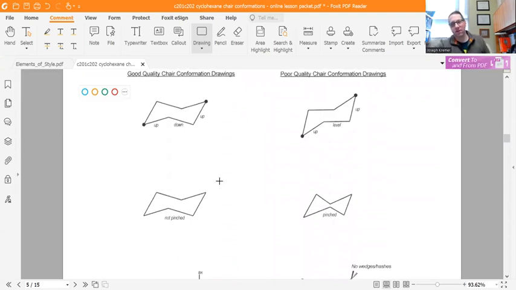I'd like to show you what constitutes a good chair shape and a not so good chair shape. And fair or not fair, another chemist can judge a student based on how they do two things. First, how they answer this question: true or false, alcohols can undergo SN2 reactions. False.